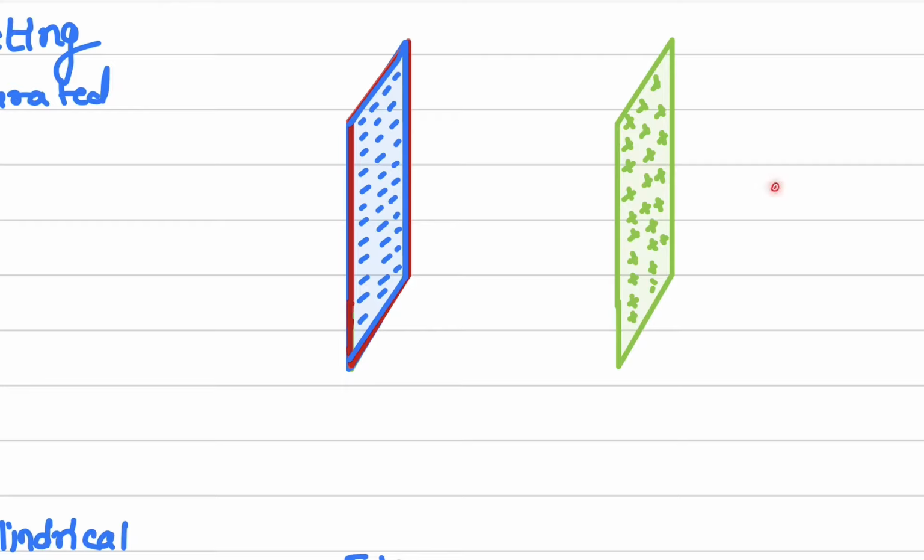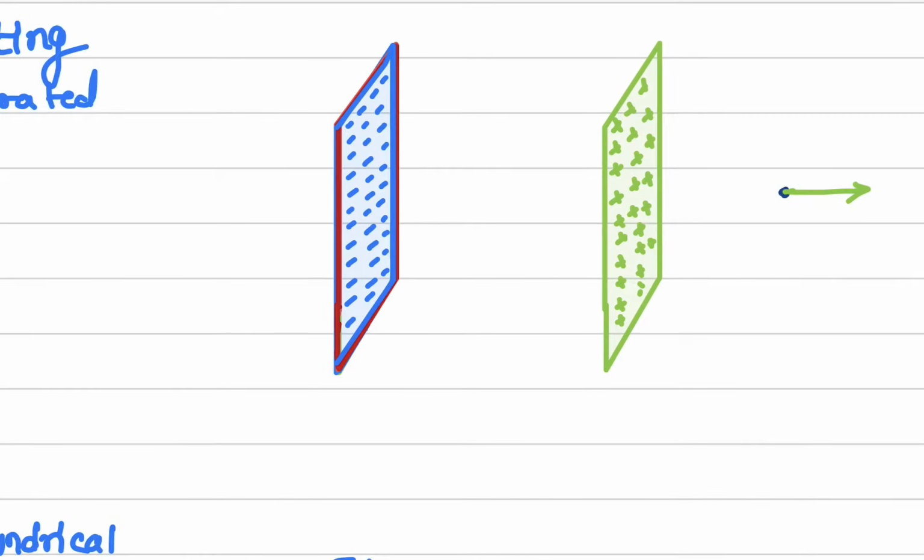With this information in mind, let's now calculate the total electric field outside. We have a point here outside. First, forget about this negative charge. Due to this positive charge, the electric field will be away from the plate.